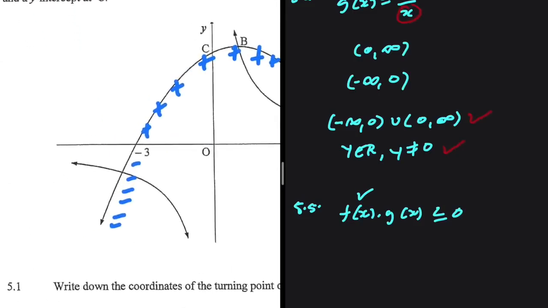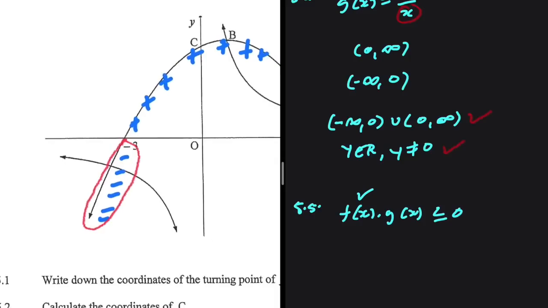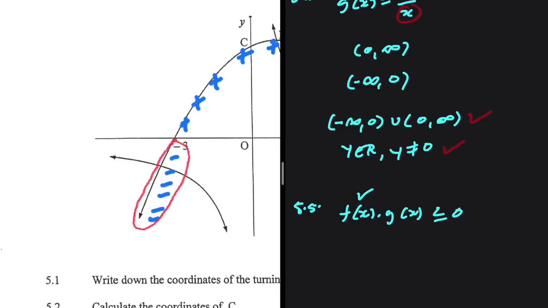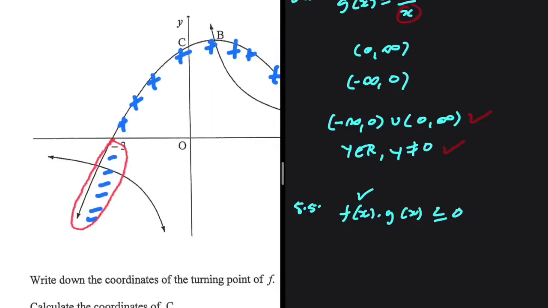Okay, let's look at minus 3 to minus infinity and see what is happening. So from minus 3 to minus infinity, both f of x and g of x are negative. As you can clearly see here, both g of x and f of x will be negative. If we multiply two negative numbers, then our answer is going to be greater than 0. So minus 3 to minus infinity is not our solution because f of x multiplied by g of x will be greater than 0.